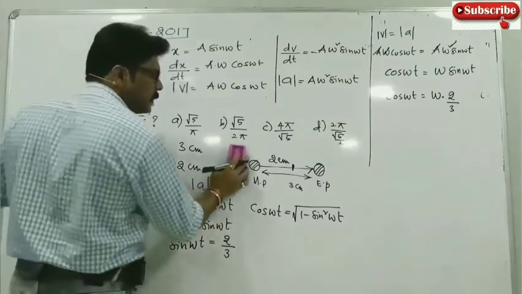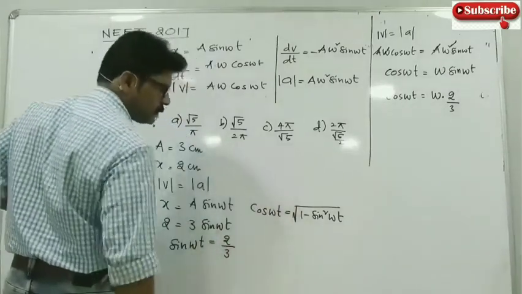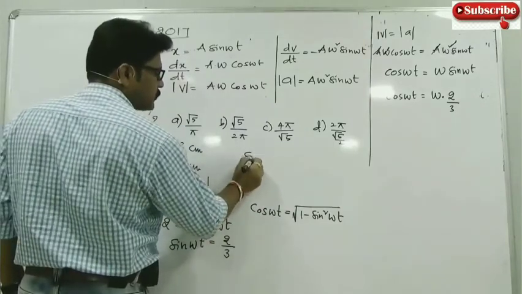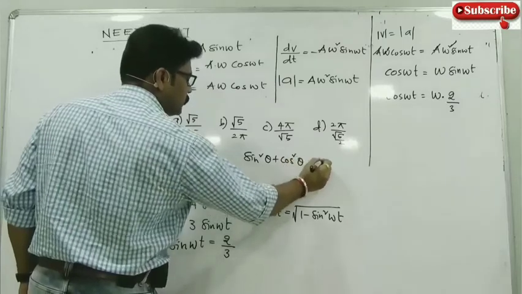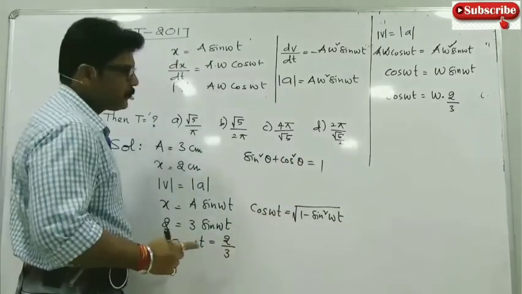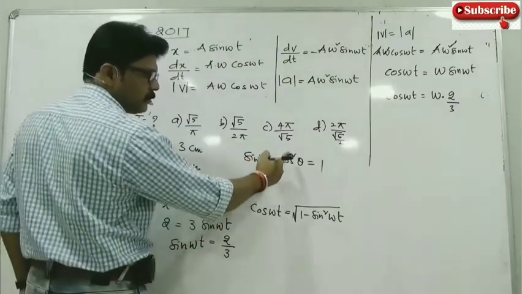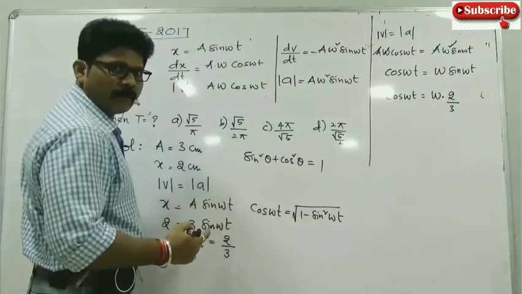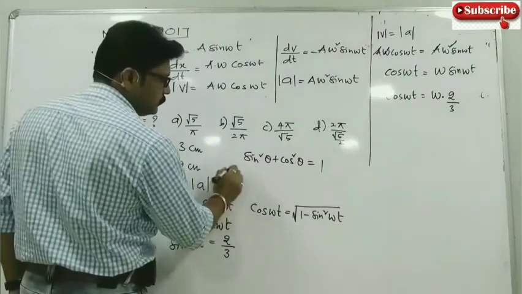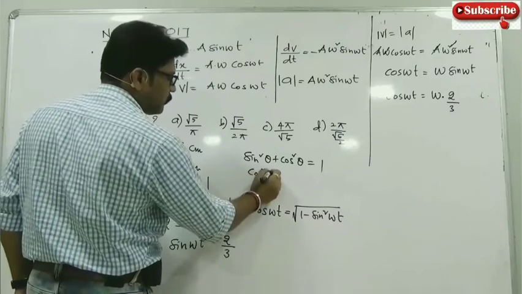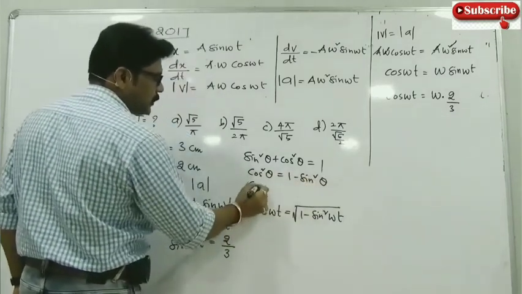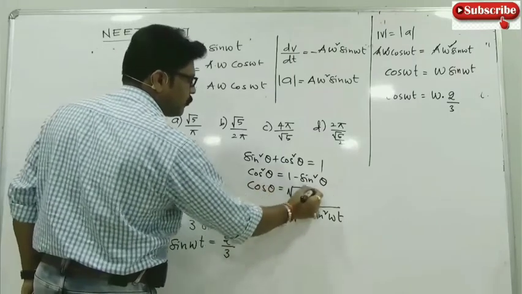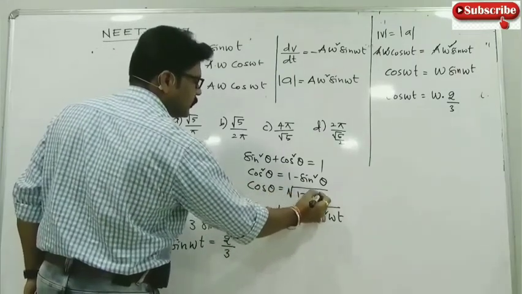So cos square theta equals 1 minus sin square theta, or cos theta equals under root of 1 minus sin square theta.